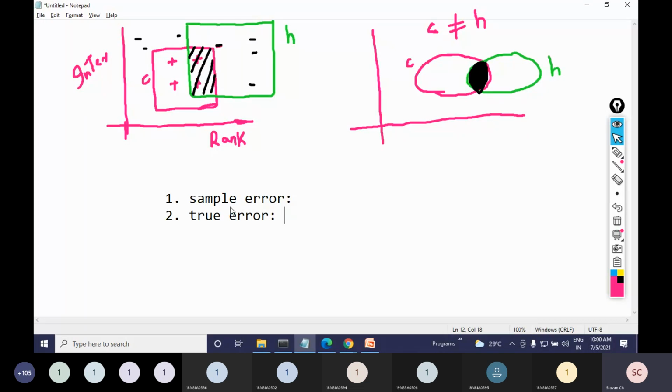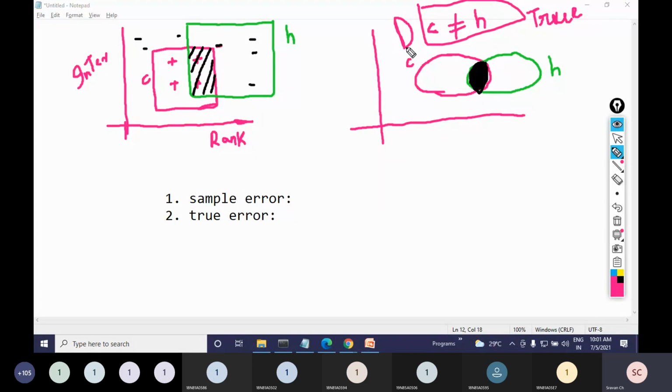So this, C not equal to H, is our true error. This will be done on the entire data set, capital D. If I have 1 lakh records, when I apply the hypothesis on those 1 lakh records, what were the expected answers and what were the generated answers? That is called true error.